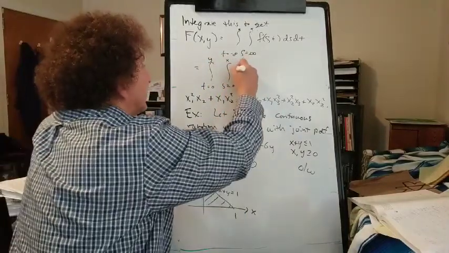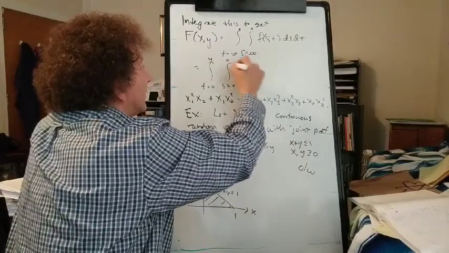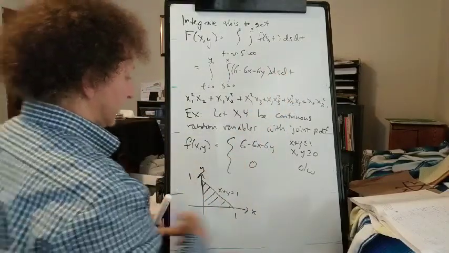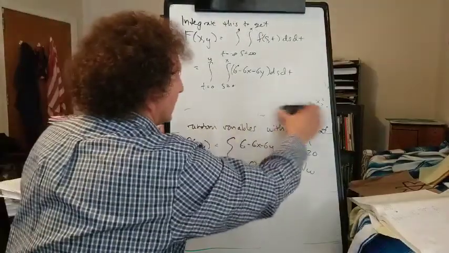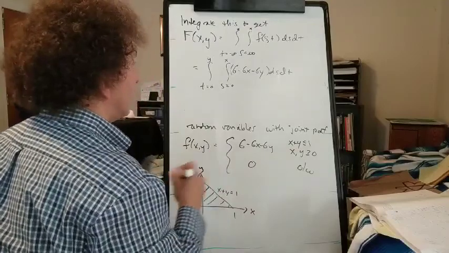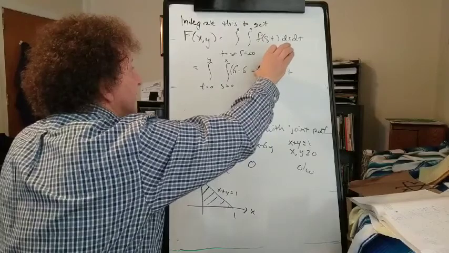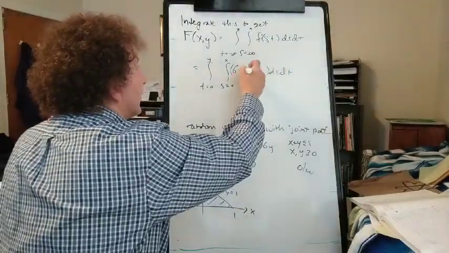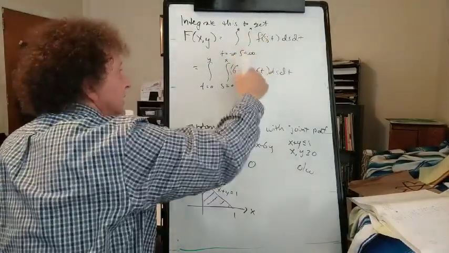And the function is 6 minus 6s minus 6t ds dt, because we're putting f of s t in here.